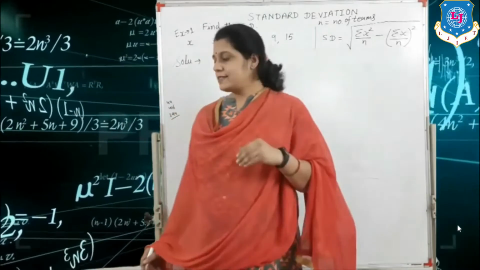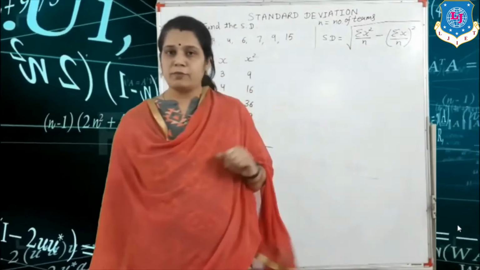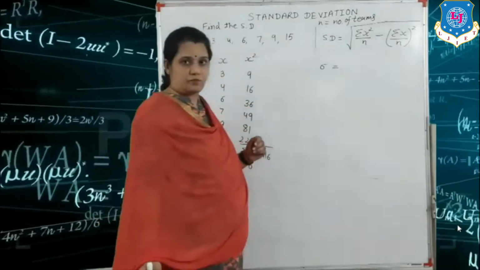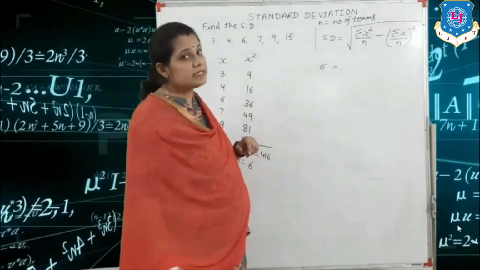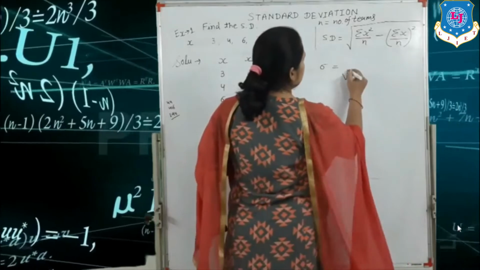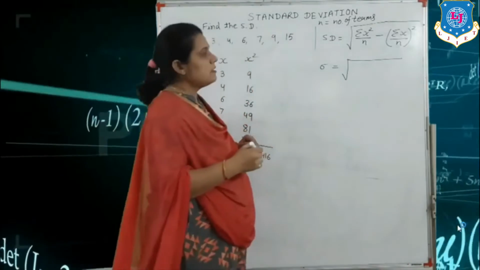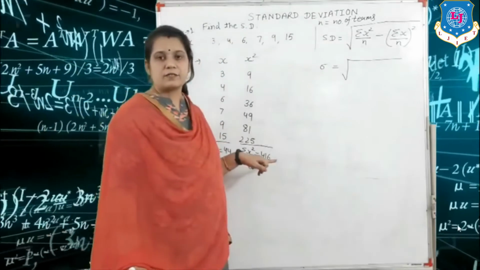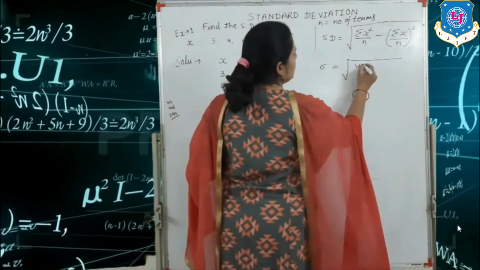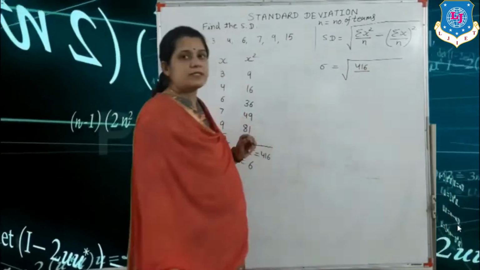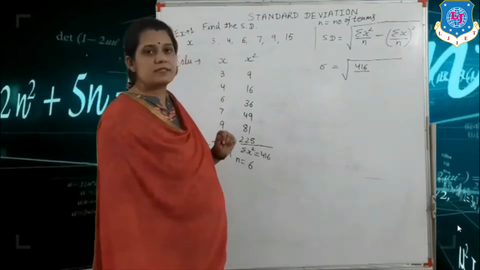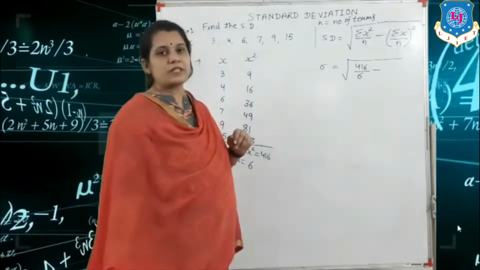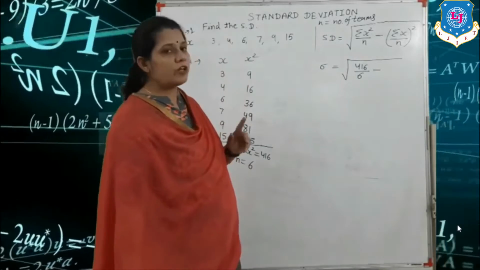Okay, so put all these three values in your formula. The notation of standard deviation is sigma. So sigma is equal to the square root of: we put the value of summation x square, which is 416, divided by small n, the number of terms, that means 6. Next is summation x upon n whole square.